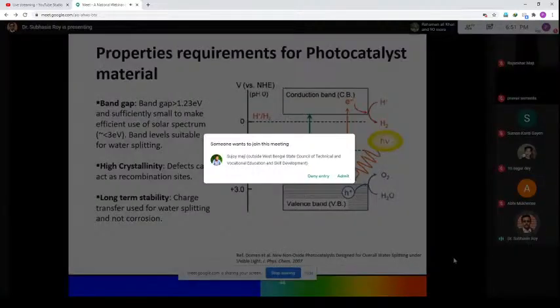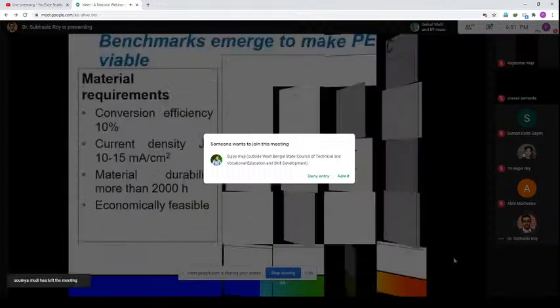In the case of the requirements of the photocatalyst material, the band gap should be greater than 1.23 electron volt, which will be sufficiently small to make efficient use of the solar spectra, and it should have high crystallinity to give the unique property and should be long-term stable here.